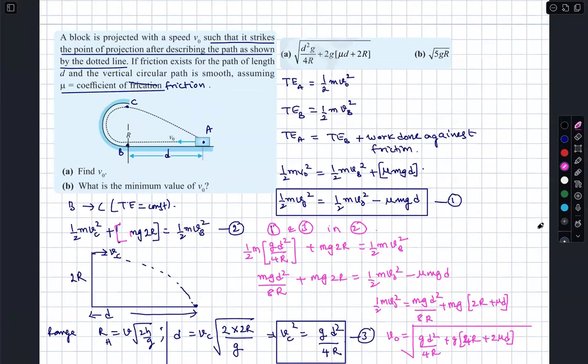In the first stage, A to B, there is a loss of energy, which I have considered here, so I have prepared one equation related to this. Next part, B to C. Similarly, C to A.